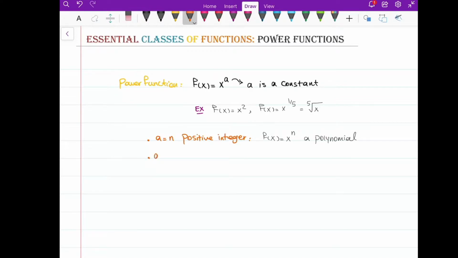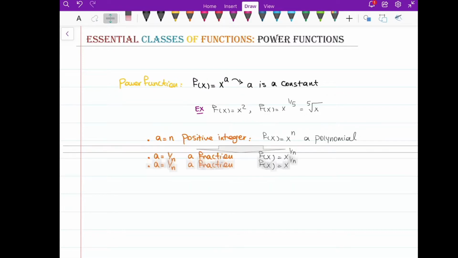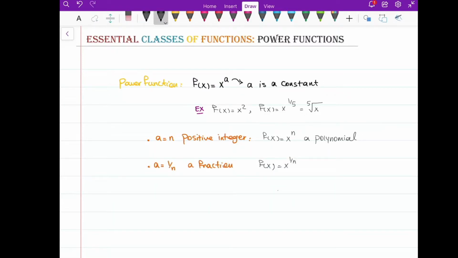If a is equal to a fraction like this, then f of x would be equal to x to the power of 1 over n, which we show also by the nth root of x.